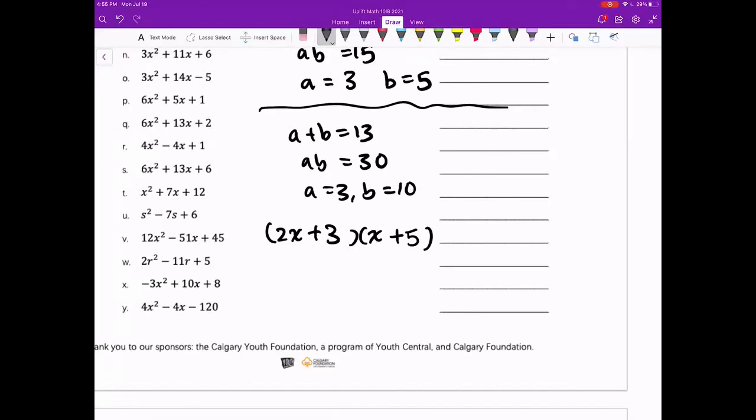It's kind of confusing, but wait, isn't it 10 divided by this? What's going on? No, because when you add a and b to get the middle coefficient, you technically do 2x times the last, times the 5, to get 10x. Kind of hard to explain, but oh, I see.